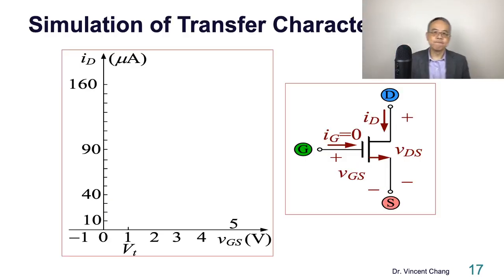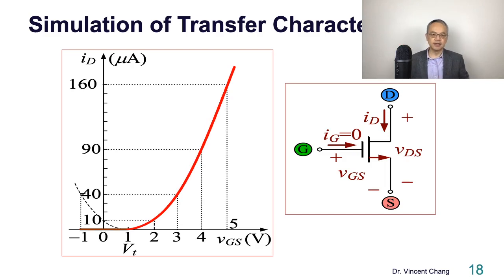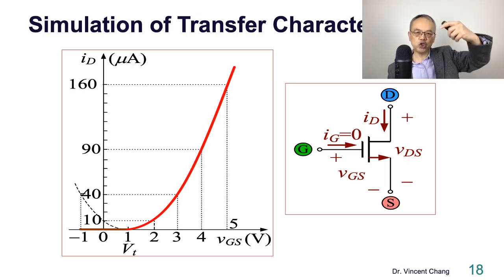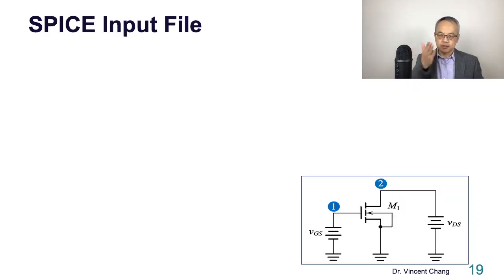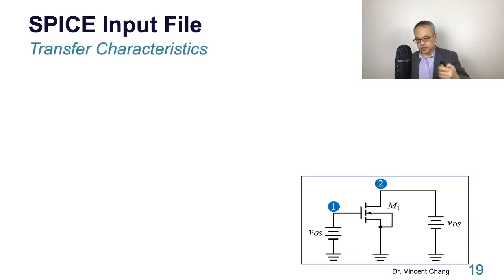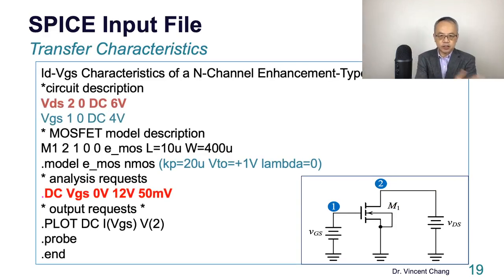In the next part, we're going to simulate the second characteristic, called the transfer characteristic, ID versus VGS. This is the SPICE input file for the transfer characteristic. It's very similar to the previous one, except VDS is fixed at 6 volt.